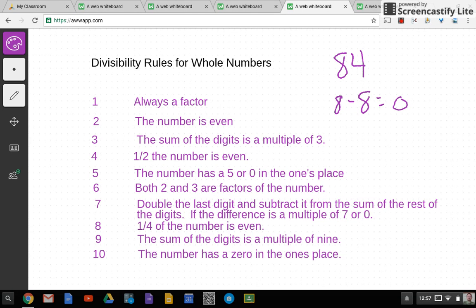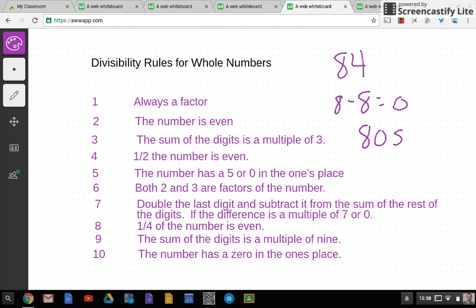Now, you could also get 7 or a multiple of 7, which would also mean that that number is divisible by 7. So, for example, let's try 805.